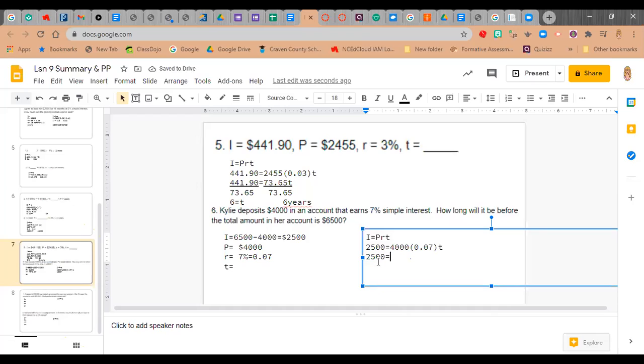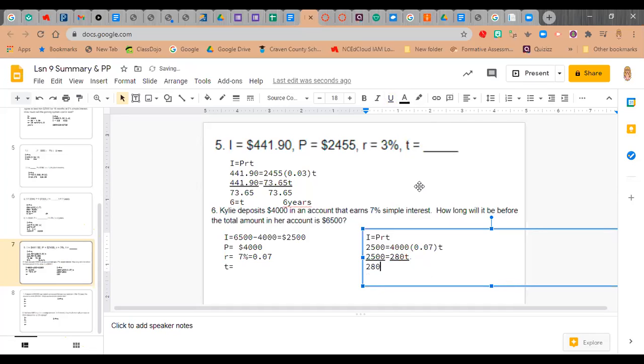You get 280. Okay, 280, and then we've got T attached to it. So what are we going to do to solve that? Divide. Y'all are getting good at that. All right, so we're going to divide both sides by what? 280.